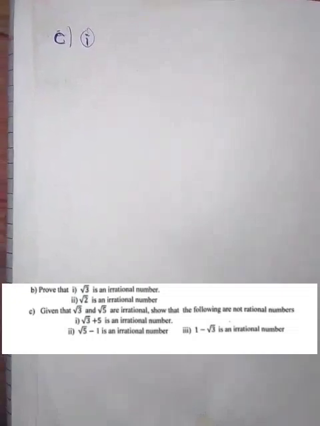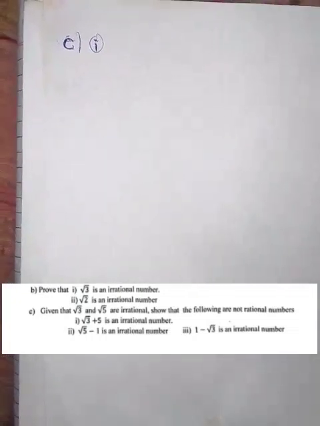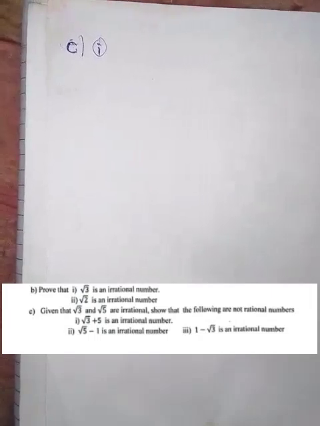They'll tell you that, given that the square root of 3 and 5 are irrational, show that the following are not irrational numbers. So at first they want us to show that the square root of 3 plus 5 is an irrational number, right?